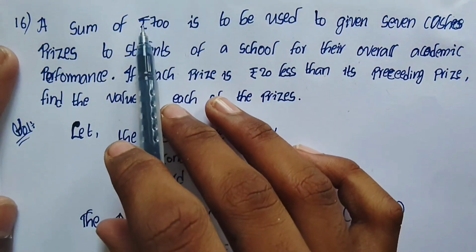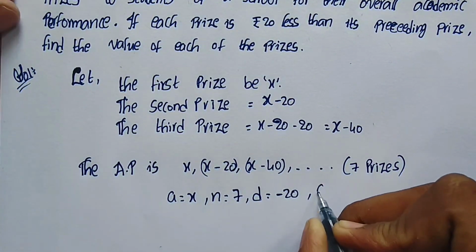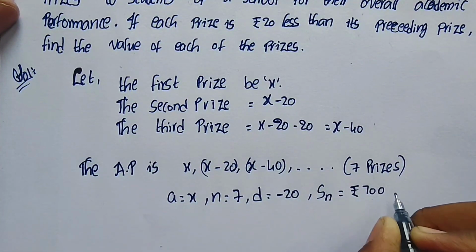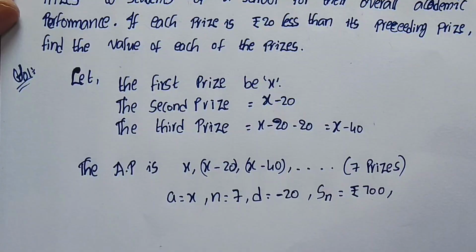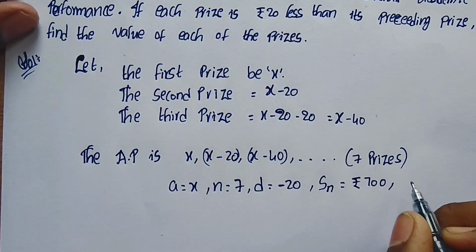He already gave the sum of 700 rupees, means S_n, the total money, is 700 rupees. Now we have to find the value of x, means the value of a.